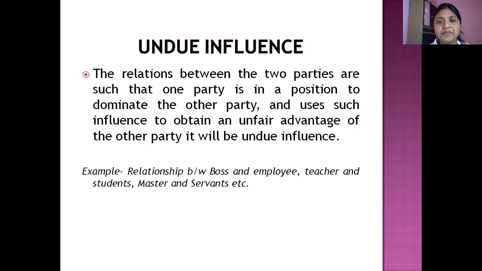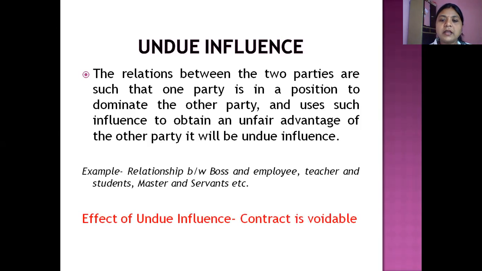For example, the relationship between boss and employee, teacher and students, master and servants, etc. If that party takes undue advantage of its power, it is called undue influence. And yes, it again makes the contract voidable.